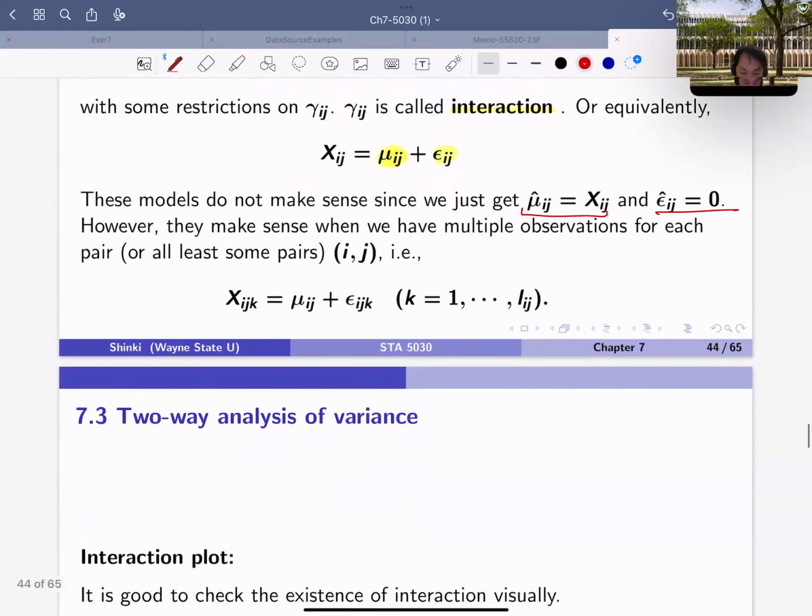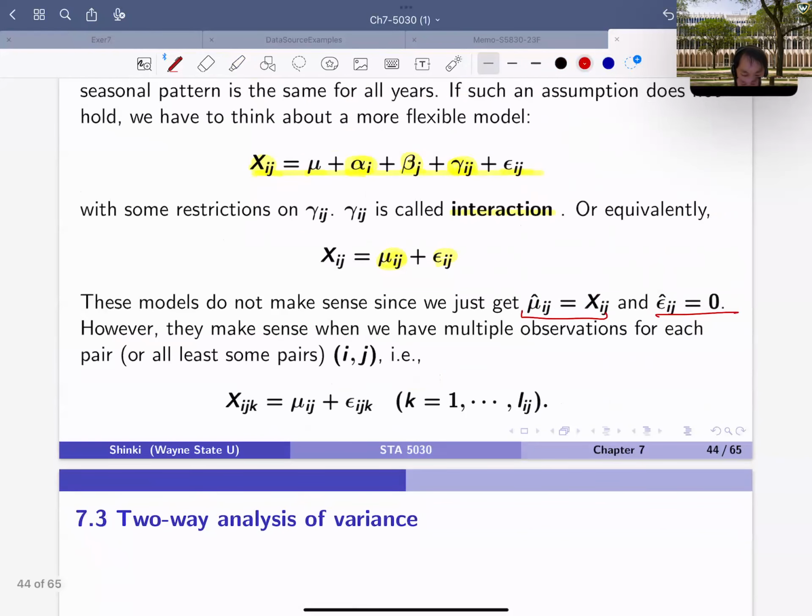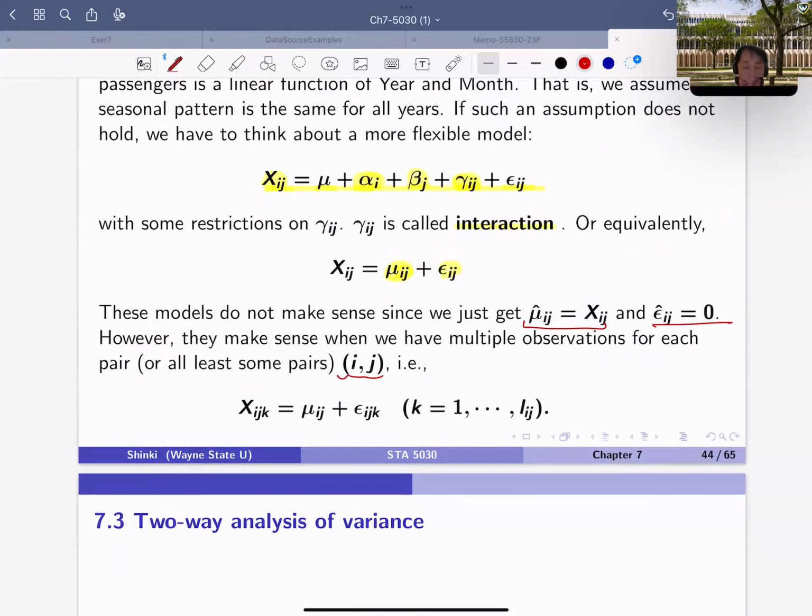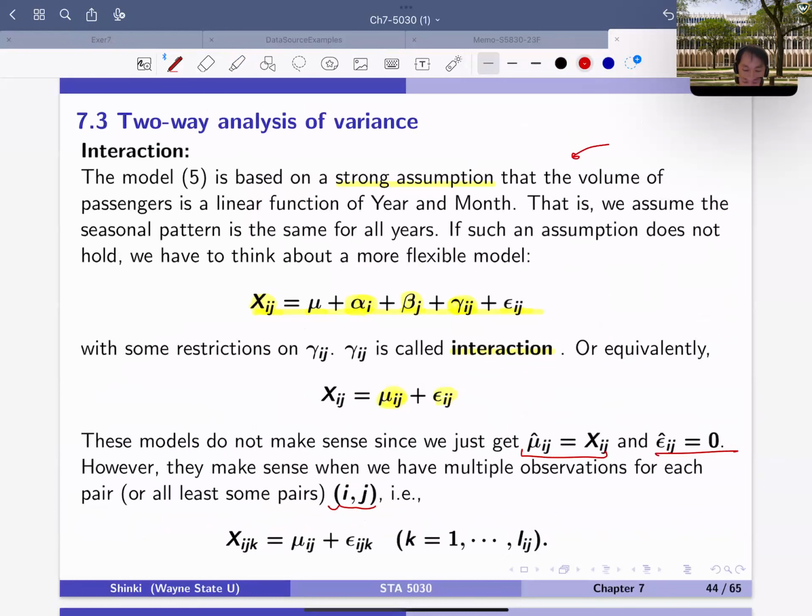But this makes sense if we have multiple measurements for a specific pair ij. So maybe this air passengers data is not really the case, but think about the fertilizer and the cultivation data. Then it's possible that the 3 plants are grown in the same condition. So 3 plants each are grown in the pair of conditions.